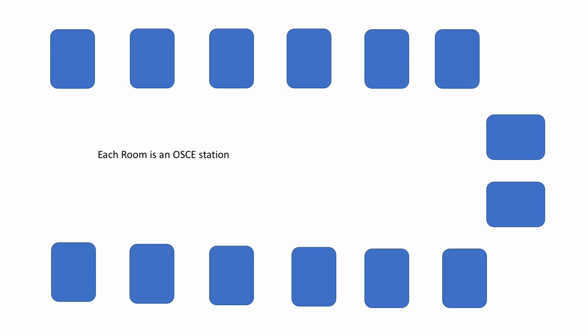Like these are 14 stations. We know in the exam there are 17 stations, so this depends on availability and where you take the exam. Your stations may be in one place or maybe in different parts of a building.